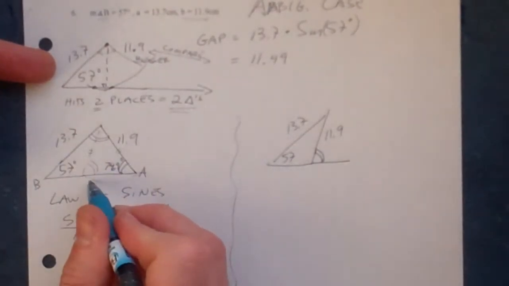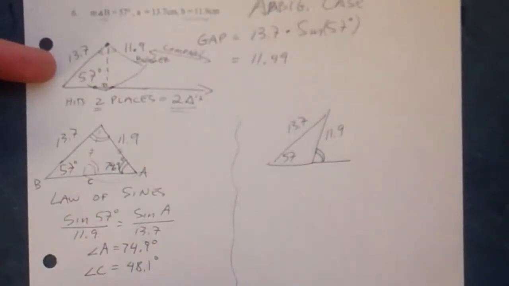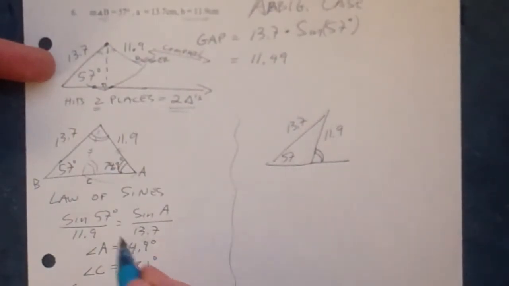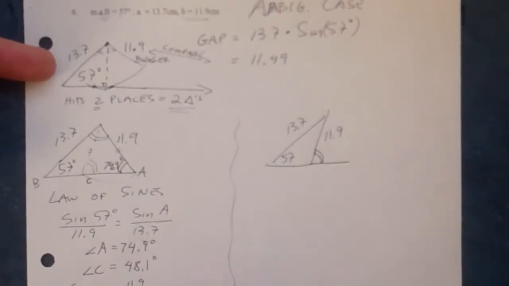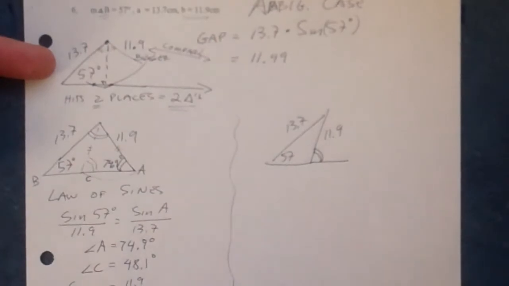I have everything except this side is C, so to find C, I'll do C over the sine of 48.1. I always put my unknowns in the numerator, and then is equal to 11.9 over the sine of 57. And crunch those numbers.